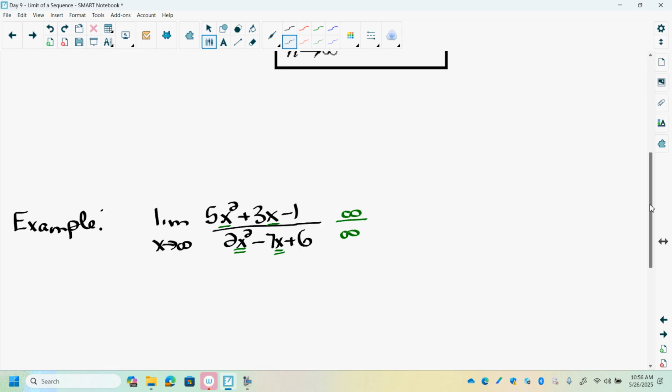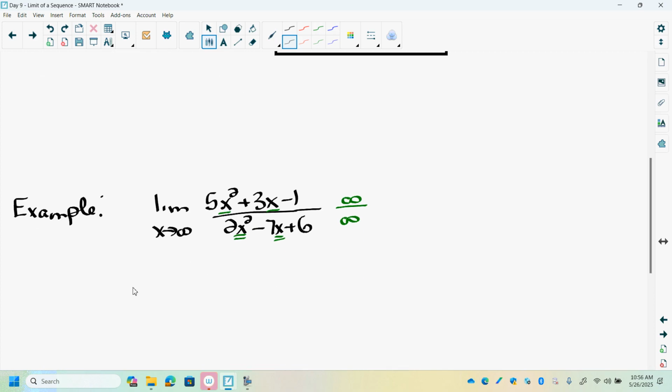which is indeterminate. So who remembers what to do? How do you calculate the limit as x approaches infinity of a rational function? Divide everything by the highest power present in the denominator. Perfect.